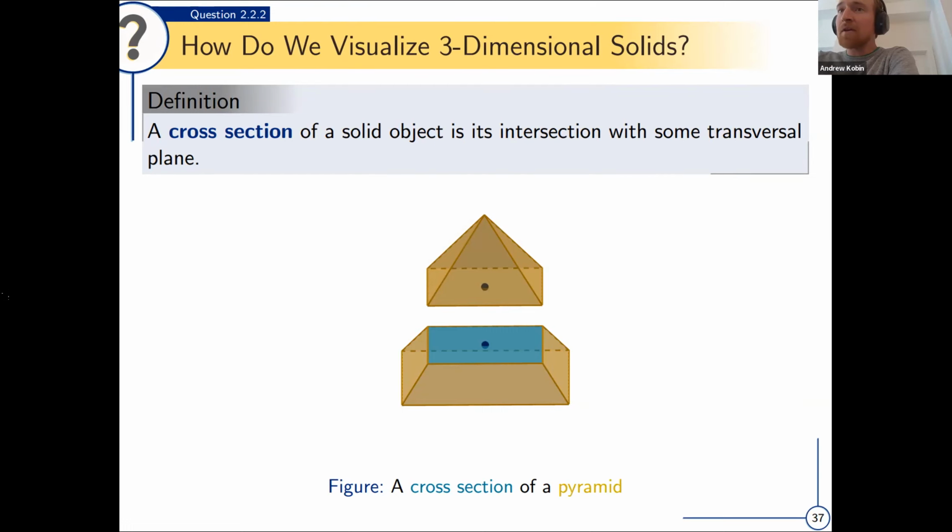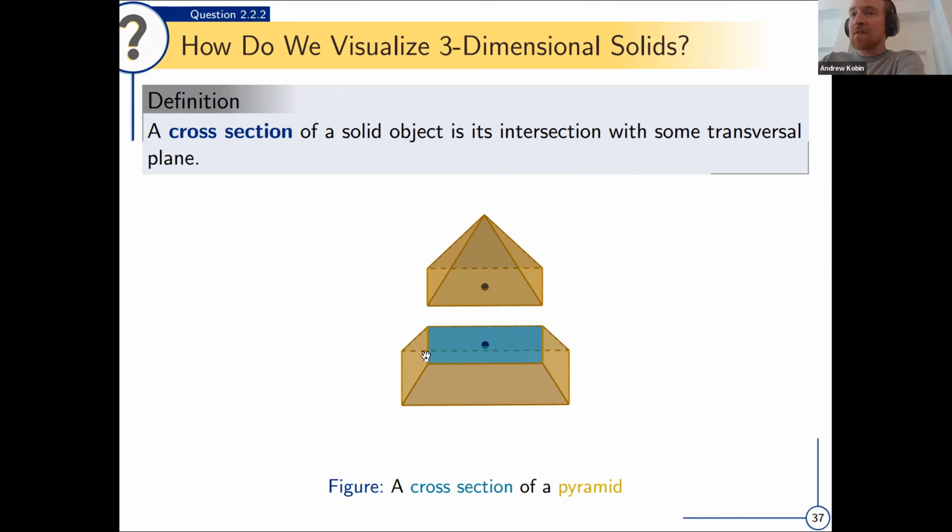If we have a solid 3-dimensional object and we take a plane and slice through that object, it's called a transversal plane. All that means is we're going to slice essentially parallel or perpendicular to some axes. In this case, if the base of this pyramid is the XY plane, we are slicing parallel to the XY plane.